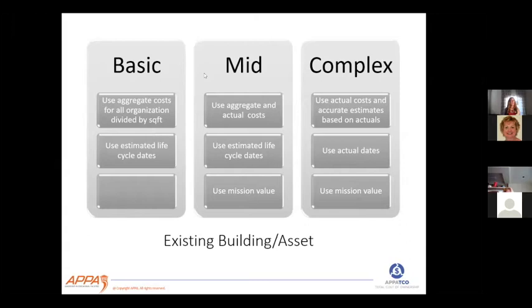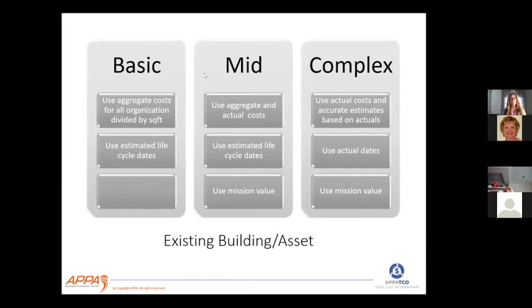We can also use aggregate costs here for our organization and divide that by a square foot and get what our total cost of ownership is, even for our actual costs that have happened and for our future costs. So basic is just an estimate. For existing building and asset, my slide is right in terms of the title there. We're using an estimated life cycle.